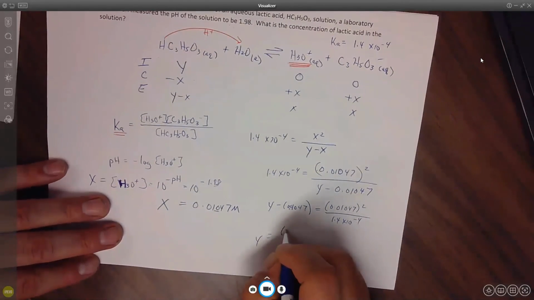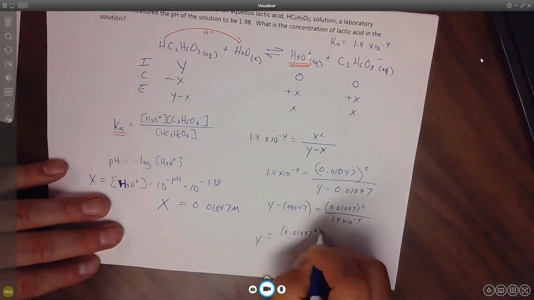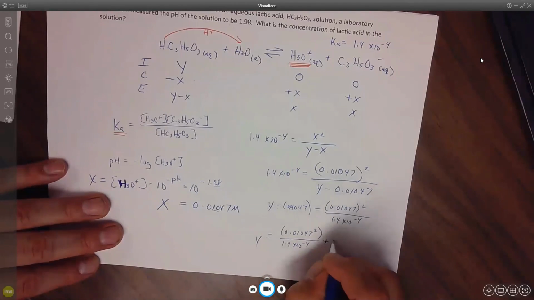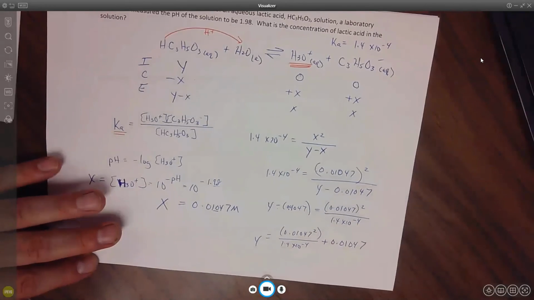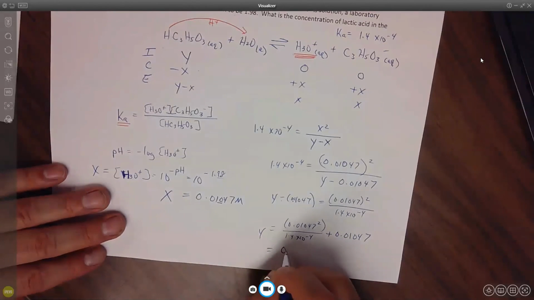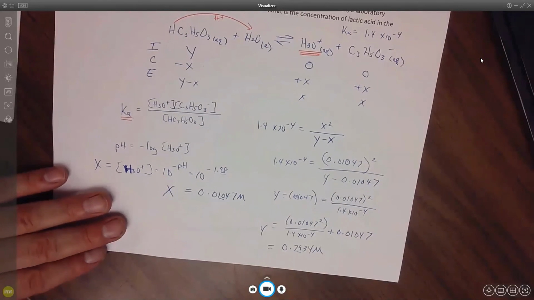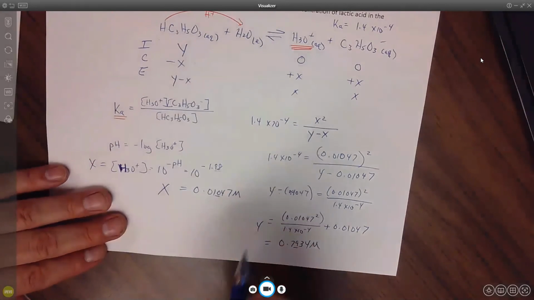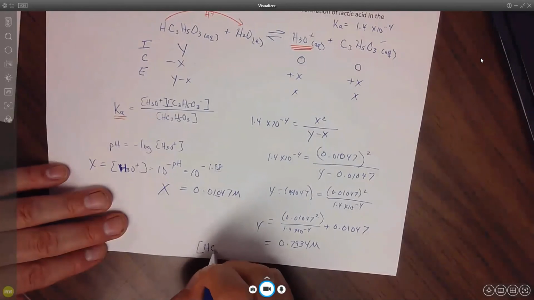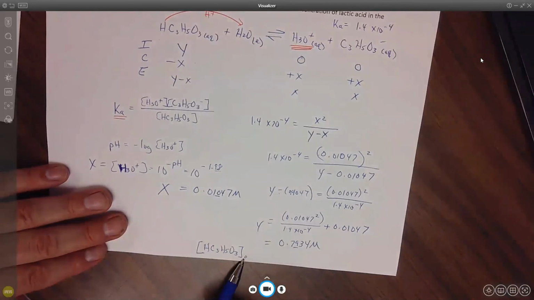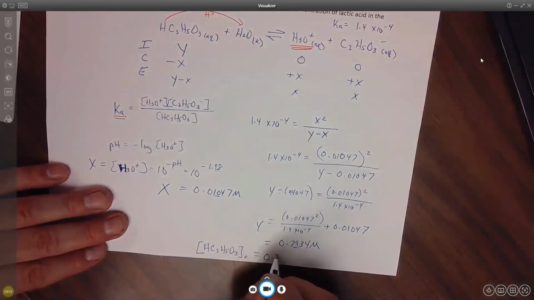So y is equal to 0.01047 squared divided by 1.4 times 10 to the negative 4, plus 0.01047. Therefore, y is equal to 0.7934, with 2 sig figs. So the initial concentration of HC3H5O3 is equal to 0.79 molar.